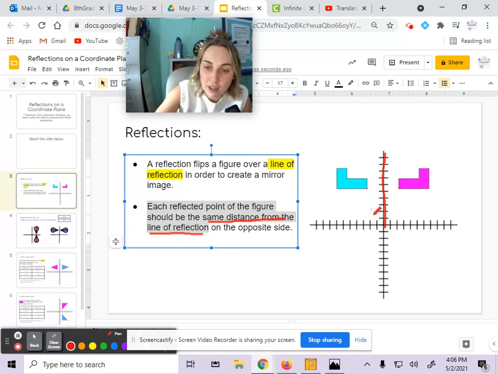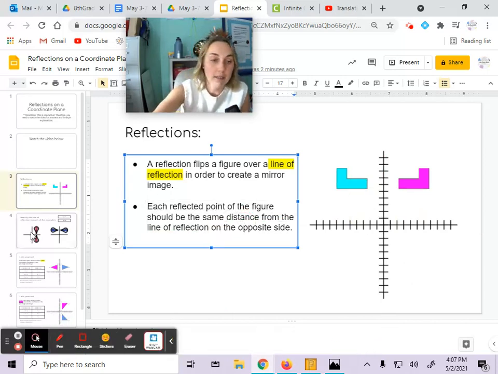In this case, in our first image, it is 2 points away from the y-axis, and over here it's 2 points away from the y-axis, okay? So all of the points are going to be just like that, where all the points are the same distance away from the line of reflection, and that's how you're going to be solving these, all right?